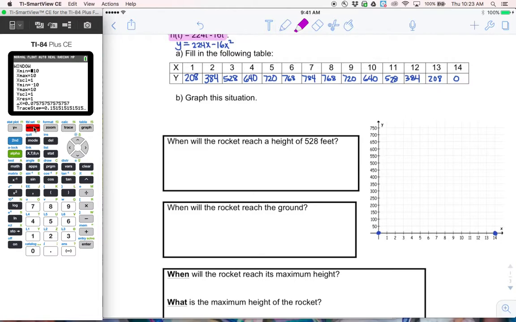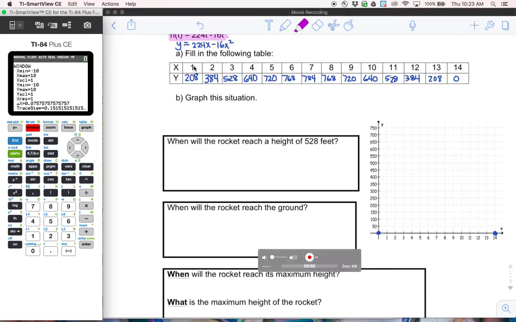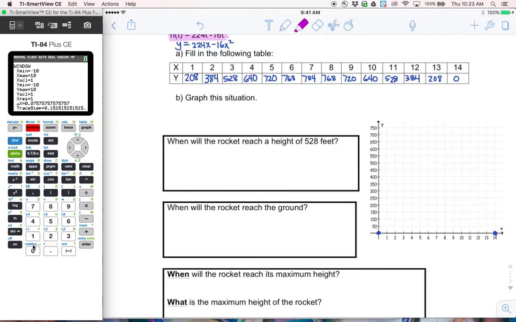So let's go to my window, and this is a skill I don't think I've done in a video yet. I can change my x minimum and my x maximum. I'm going from 1 to 14 for my x's in the table, so I'm actually going to do 0 to 14. You don't need to mess with the next part; that's just telling us what to count by.